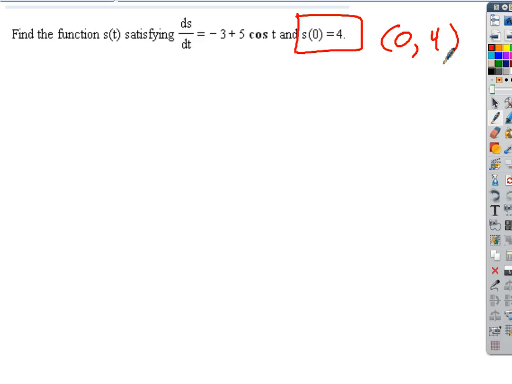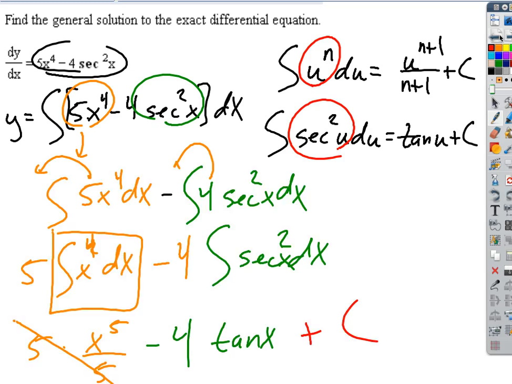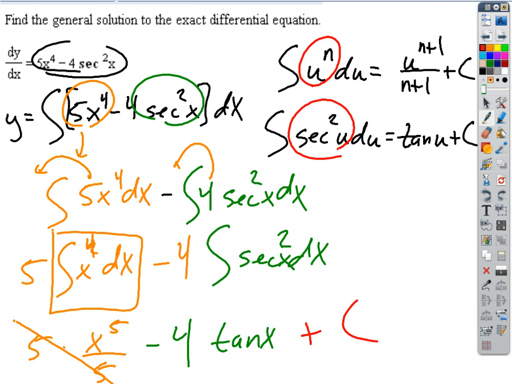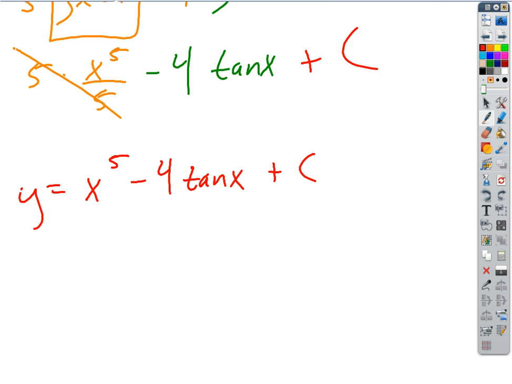Now remember, we started to talk about last week, and we kind of ran out of time. We started to talk about how if we look at the general solution of a differential equation, it's always going to have this constant in there. Sometimes, as we'll find out relatively soon, if we solve a second order differential equation, we start off with a second derivative, and we undo the derivative twice to get back to the function.